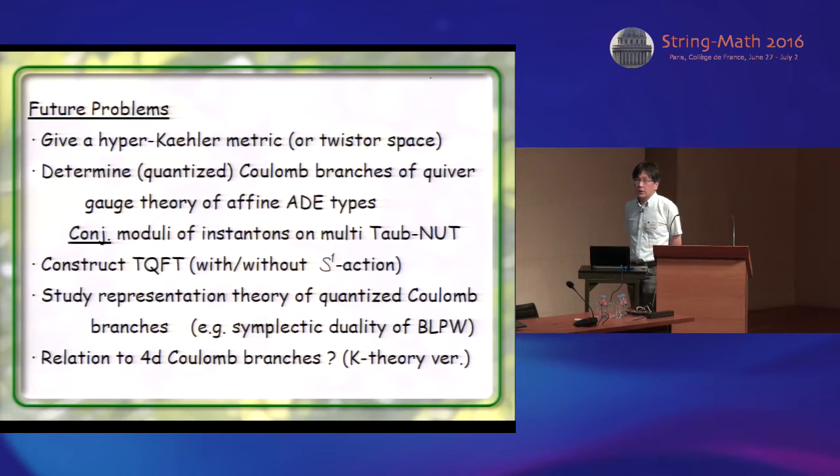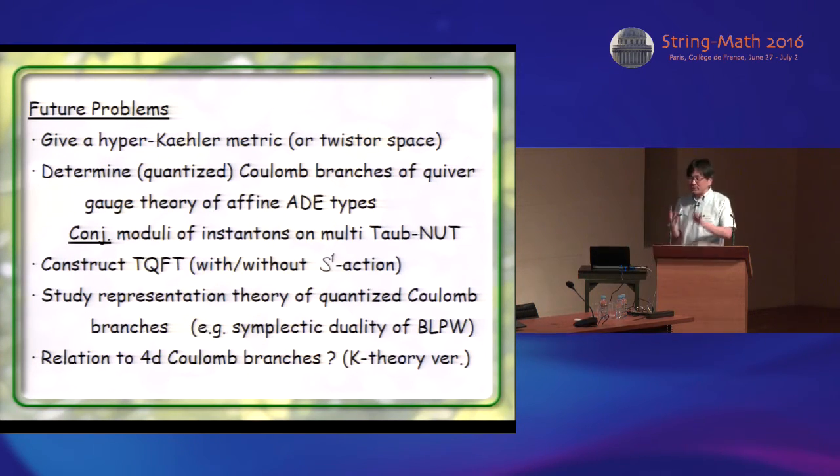So it's natural to ask what is the hyperkähler metric in this definition. Because this is basically an algebraic construction, I don't think we can give a hyperkähler metric explicitly. But still, twistor space is basically some algebraic variety, so you can hope to give a definition of twistor space.